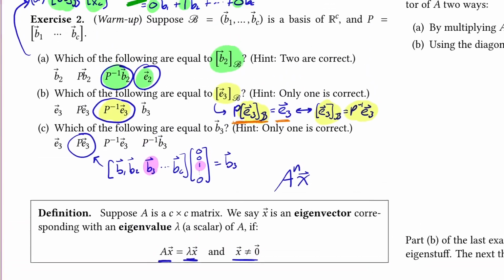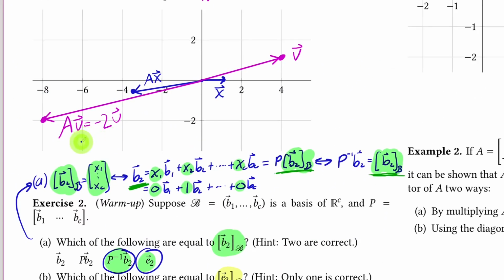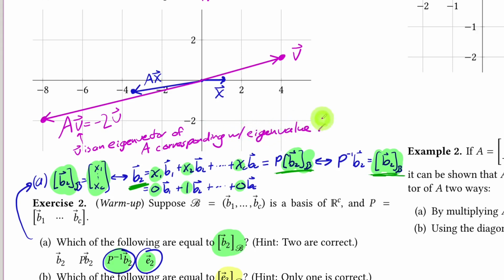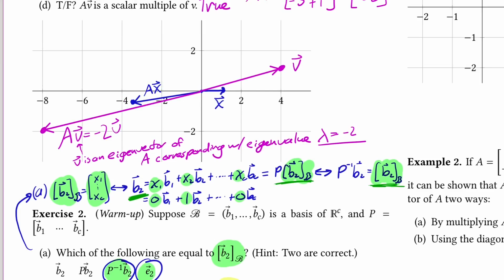So we already had an example of this right here. This is saying that v from this exercise 1 warm-up was an eigenvector of A corresponding with an eigenvalue, lambda equals -2. And x is not an eigenvector because doing A times x does not give you a scalar multiple of x.